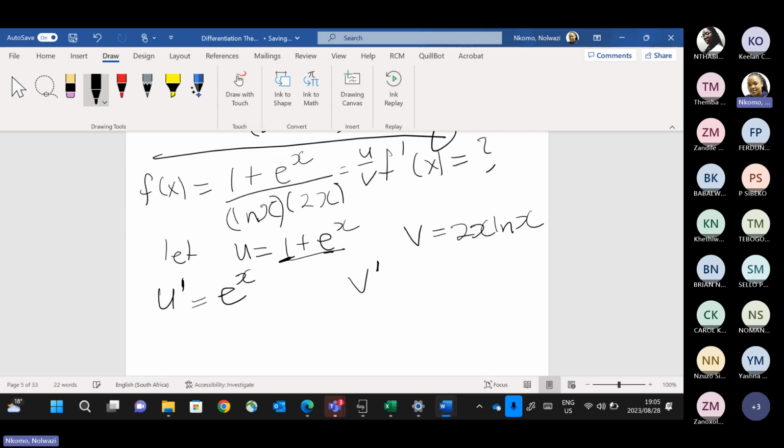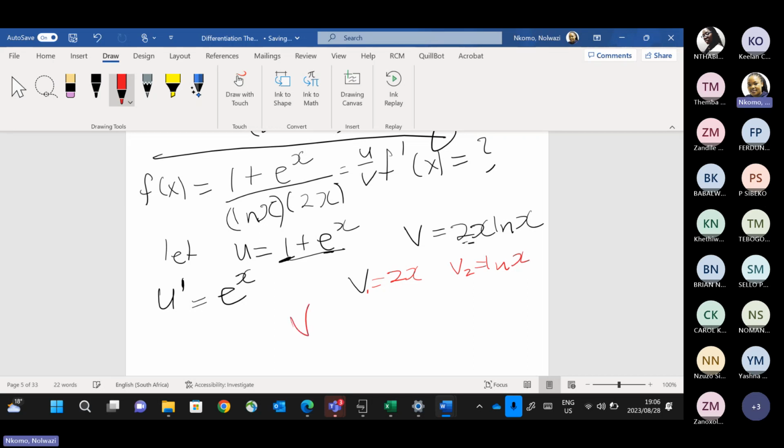But here, you see, our v is the product of two functions. I'll let v1 be 2x and let v2 be ln x, right?